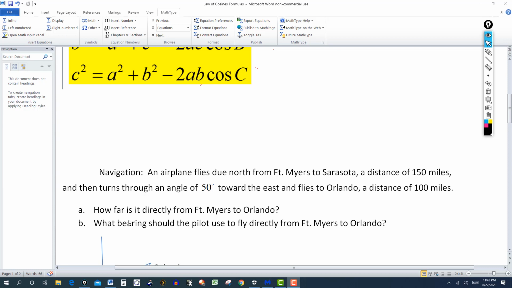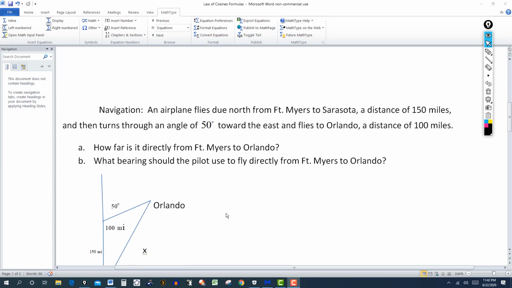Part A says, how far is it directly from Fort Myers to Orlando? And what bearing should the plane use to fly directly from Fort Myers to Orlando? You can set up your picture. You can pause the video here and see if you can set up the problem.